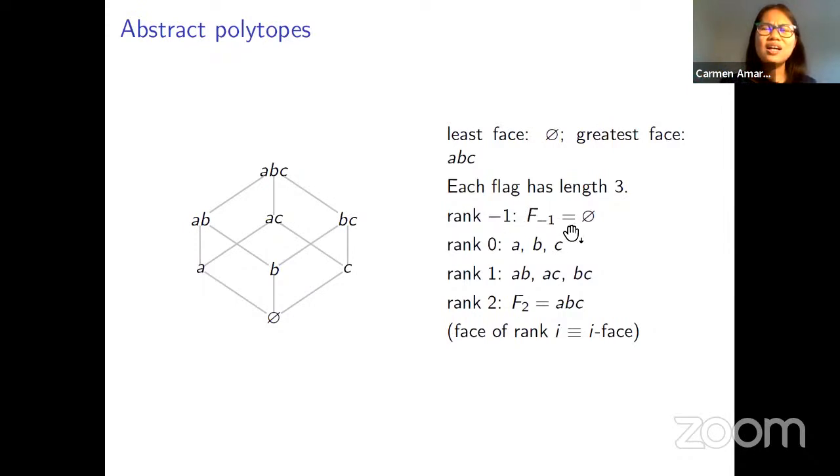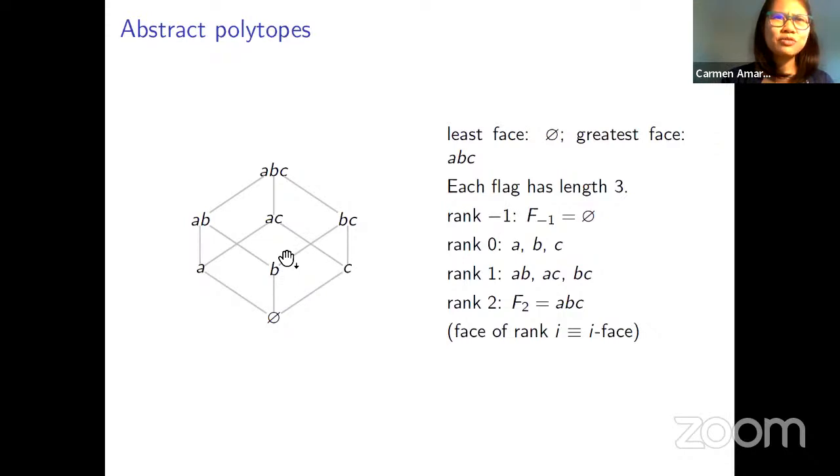Now, because each flag has length 3, we can then associate a natural rank to each kind of face depending on the distance from the null set. So the first, the face that is immediately adjacent to the null set itself, we say that it has rank -1.